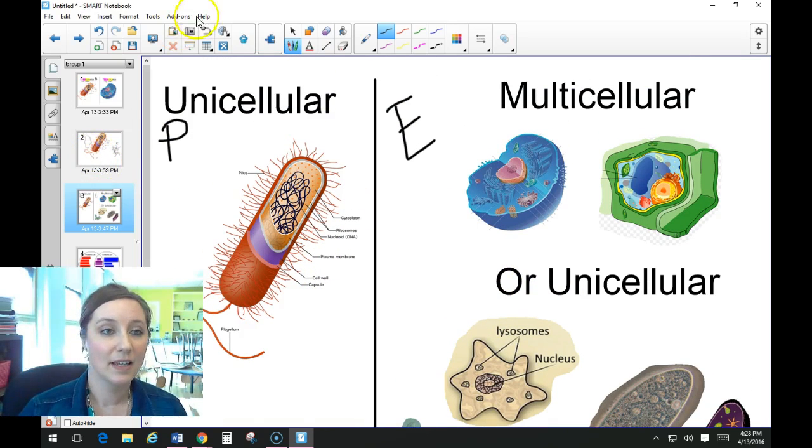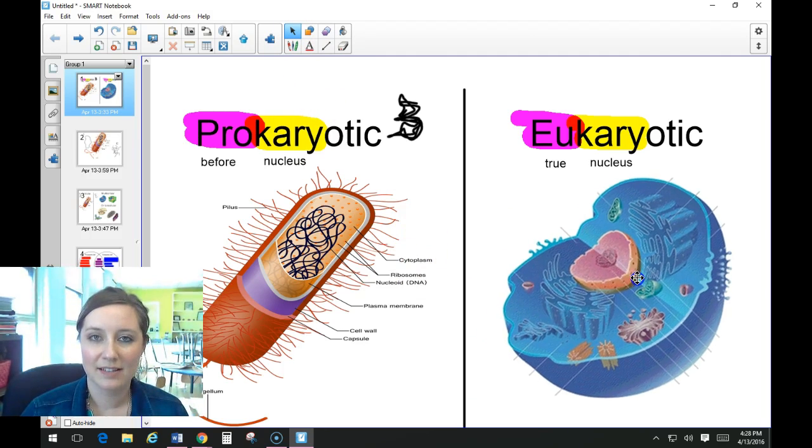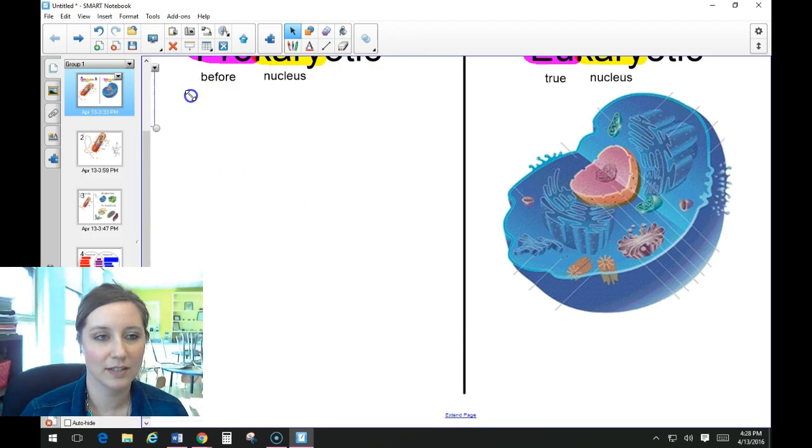Okay, so really the only other difference between the two, and it's really kind of hard to show in my diagrams because I never have my diagrams to scale, is the size. Eukaryotic cells are much, much larger than prokaryotic cells. So if we actually shrink this down, there you go. Prokaryotic cell, eukaryotic cell.